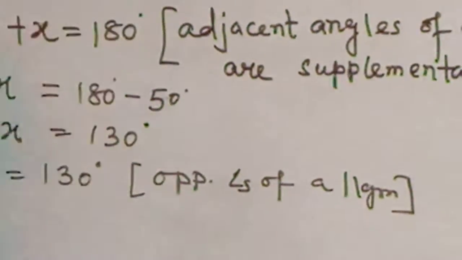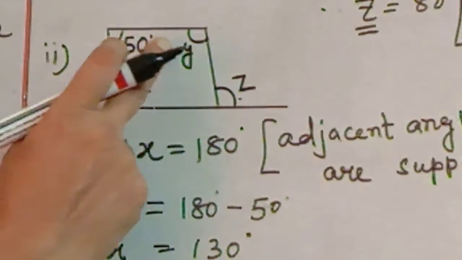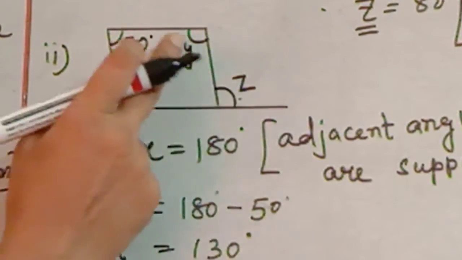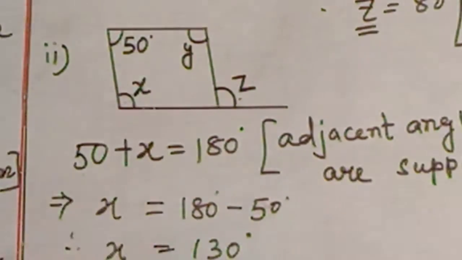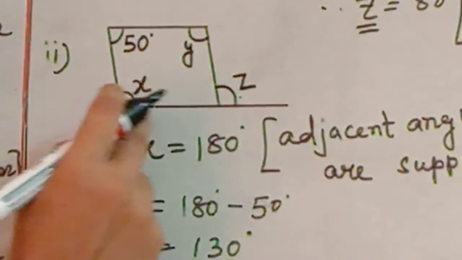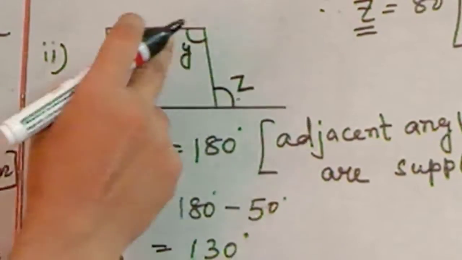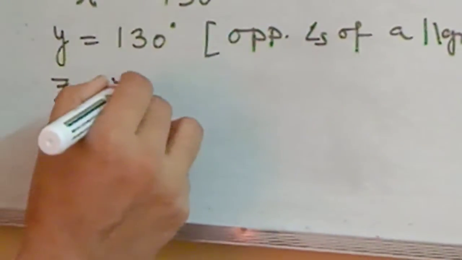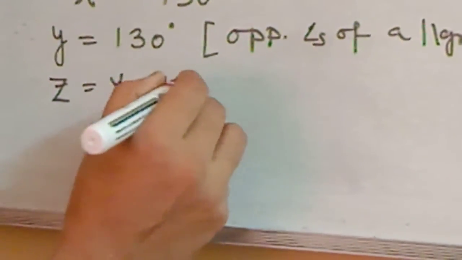Now see, y and z are alternate interior angles. You know that if the lines are parallel, then alternate interior angles are equal. Therefore z is equal to y, which is 130 degrees.